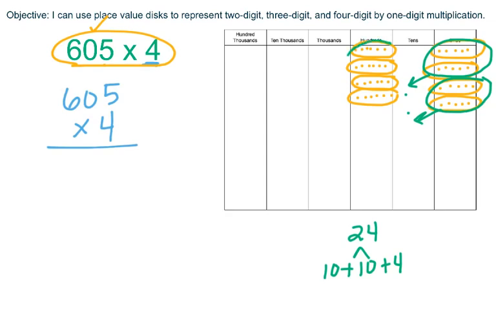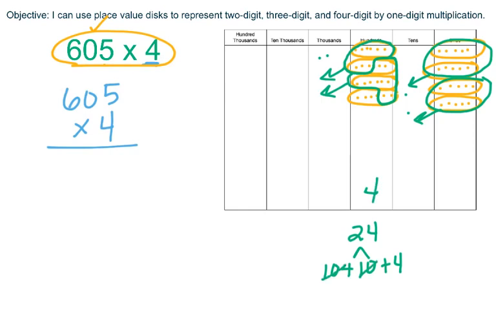I've got 6, 7, 8, 9, 10, and then another 10. So I made 2 groups of 10 and am sending them over, and there are 4 left in that column.